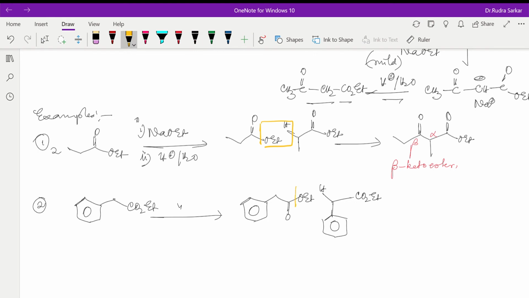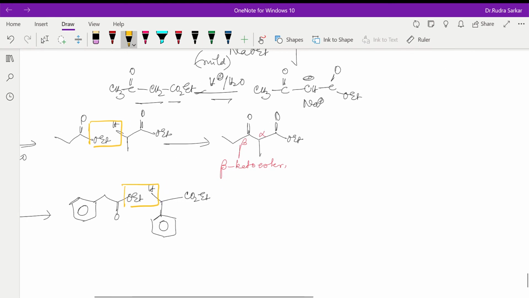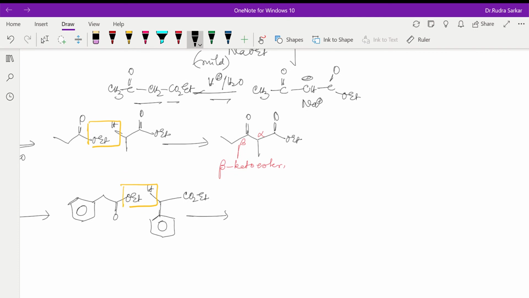Again, you take out your EtOH. So instead of doing the whole mechanism, one can go to the product by using what I'm showing you over here. So this is your phenyl and that is your CO2ET. Just verify this is alpha and that is beta. So this is again a beta keto ester.